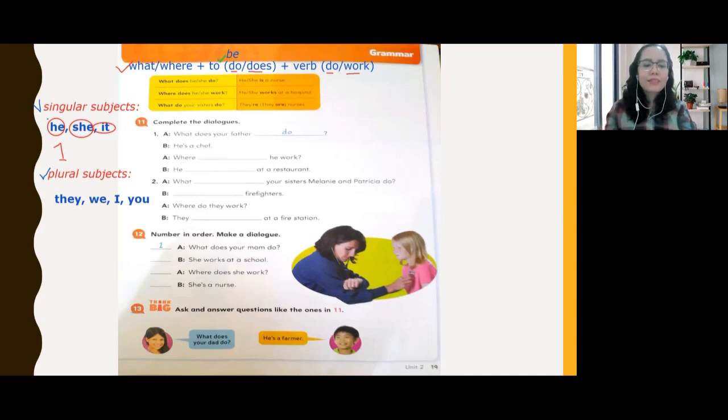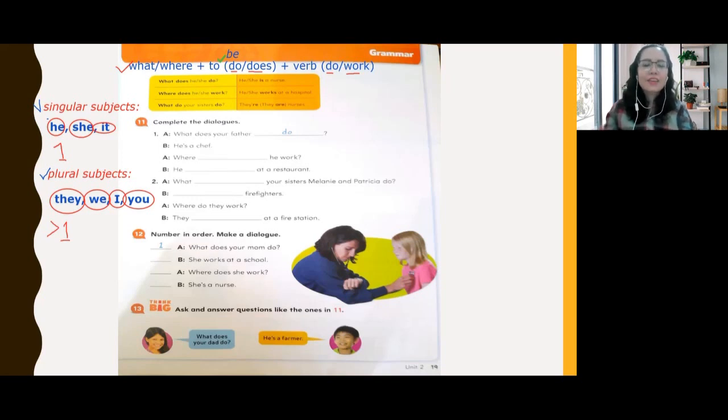And the subjects like they, we, I, you belong to plural subjects. It means that the actors who do the activities in a sentence consist of more than one person, or more than one item or more than one thing.